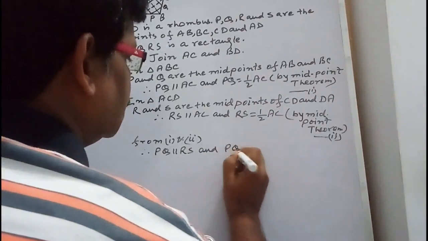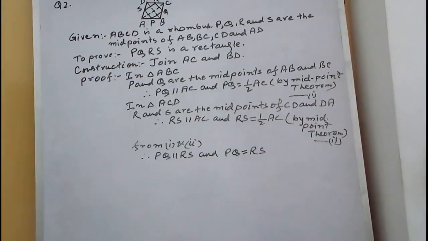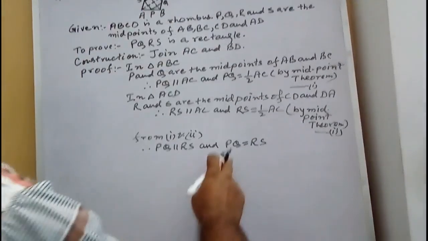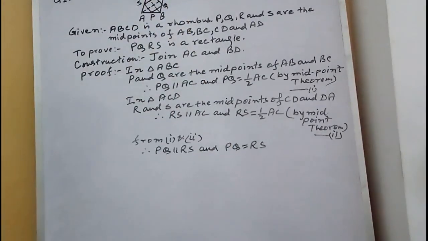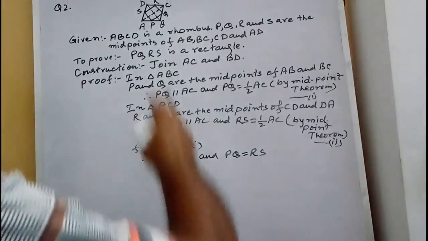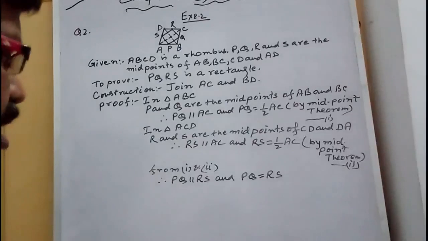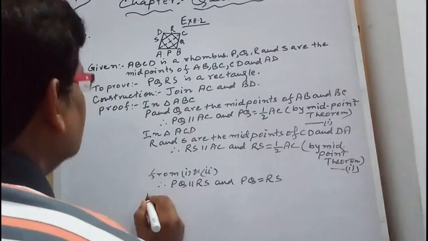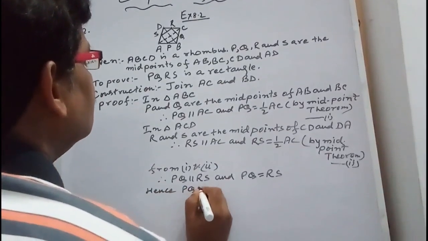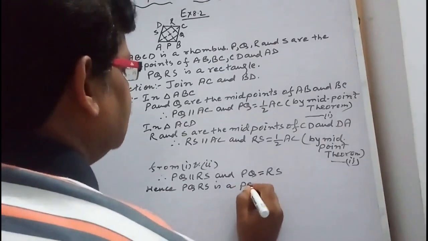So PQ equal to RS. When two opposite sides are parallel and equal, then the quadrilateral becomes a parallelogram. So hence PQRS is a parallelogram.